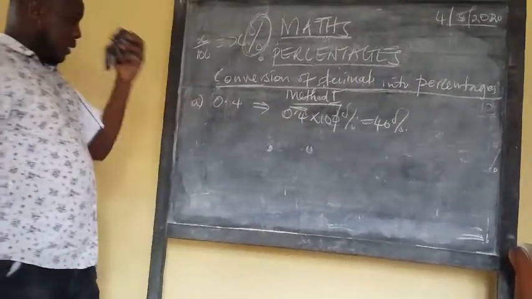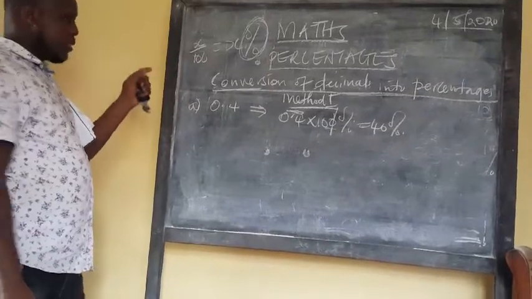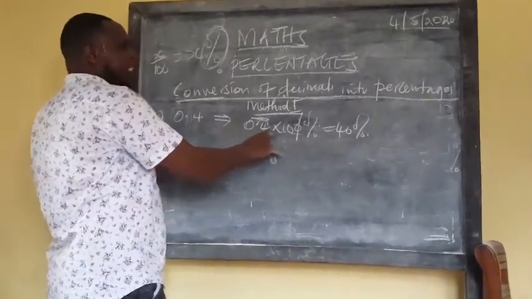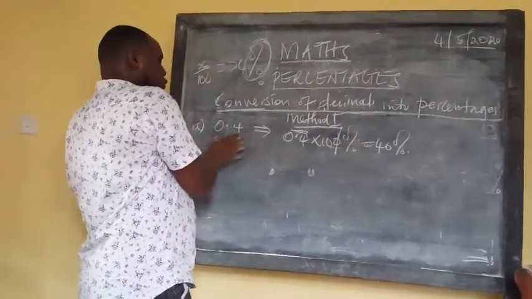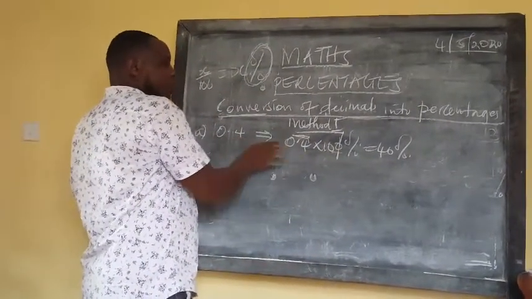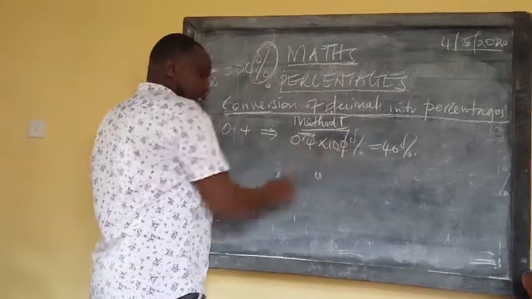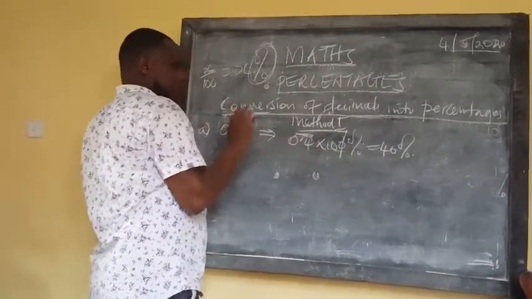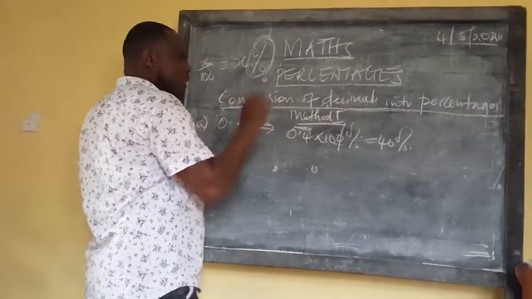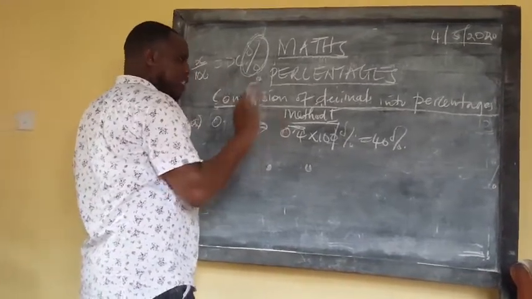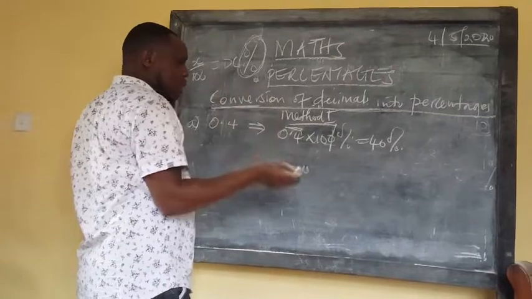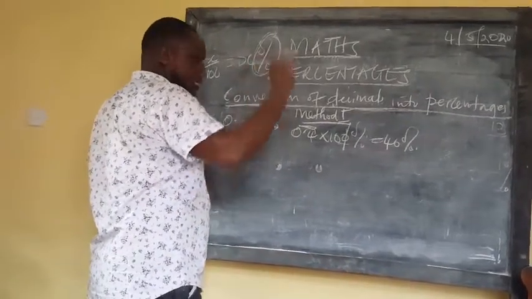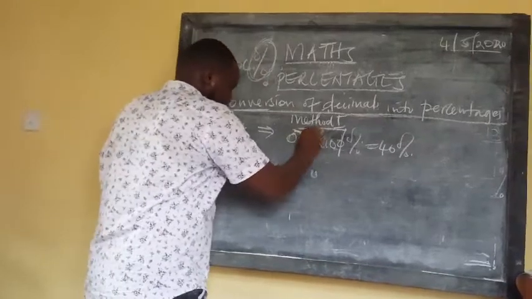You get 40%. I repeat, it is 0.4 times 100. For you to convert a decimal into a percentage, you multiply with 100%. So when you're multiplying decimals with a number with zeros, it can be 1,000, it can be 10,000, the decimal point moves forward, moves that direction.